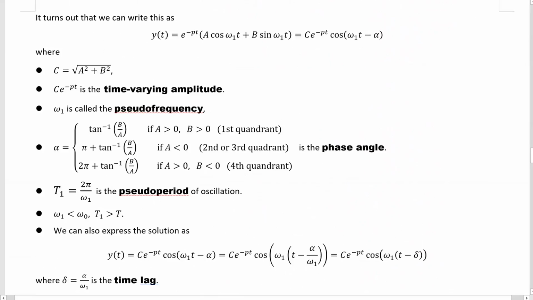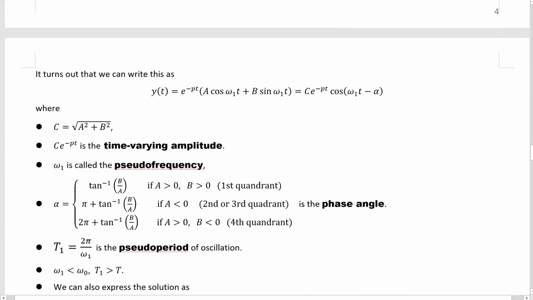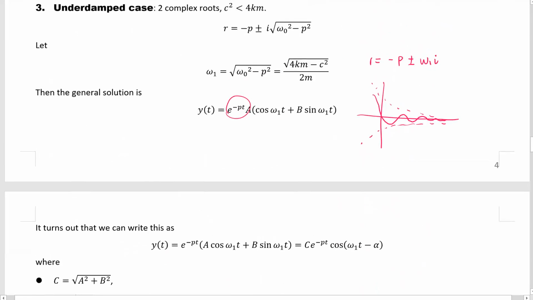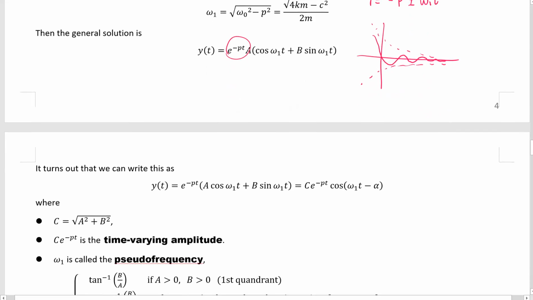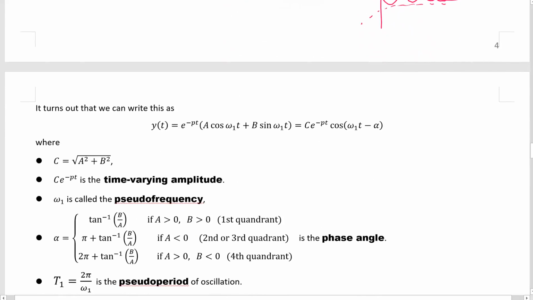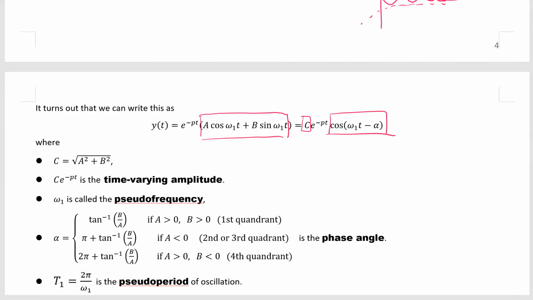Okay, well, if we're in the third case, the underdamped case, then we have omega 1. Then you can express your solution in terms of, so now look at this part, we can express it as c times cosine of omega 1 t minus alpha, just like what we did before.